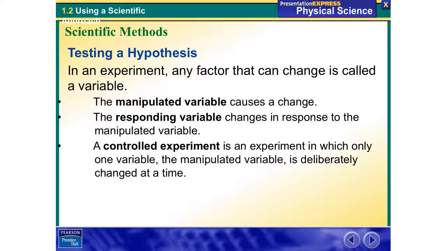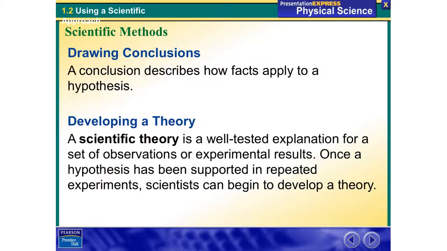And so a lot of times this is called dependent. So the responding or the dependent variable changes in response to whatever you're testing. The easiest way to think of it is just what are you measuring in your experiment. And then a controlled experiment is an experiment in which only one variable, the manipulated or the independent variable, is deliberately changed at a time.